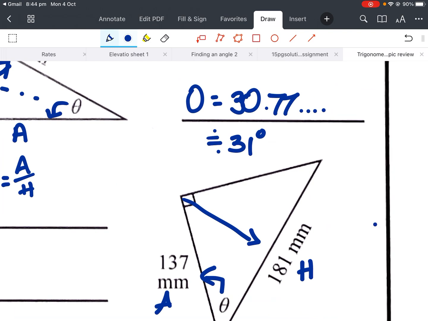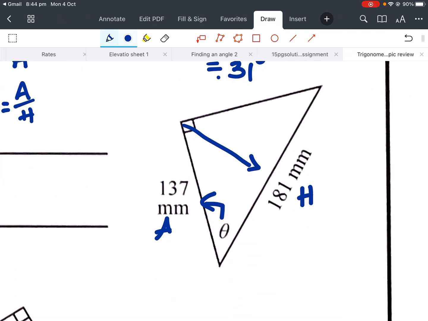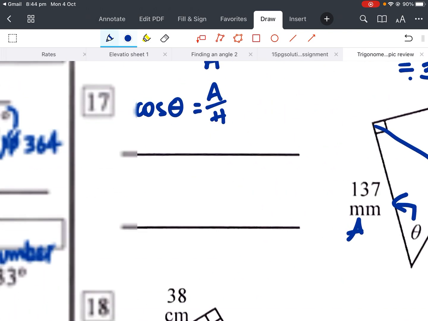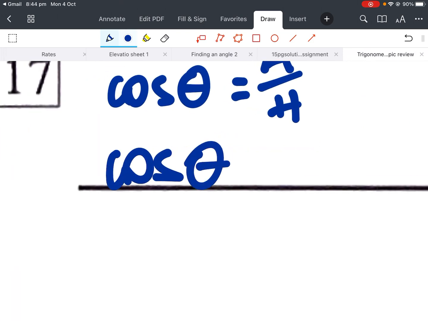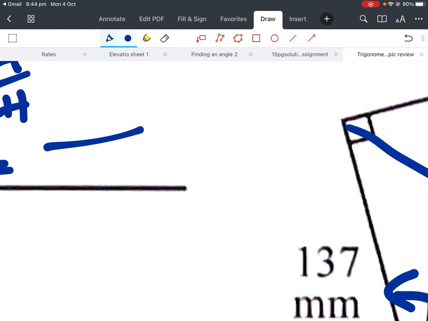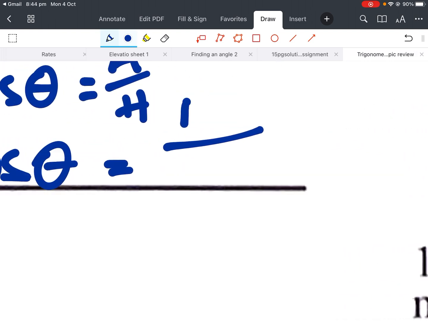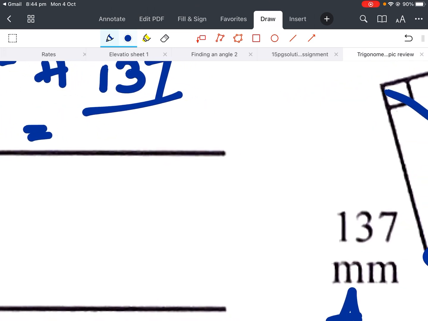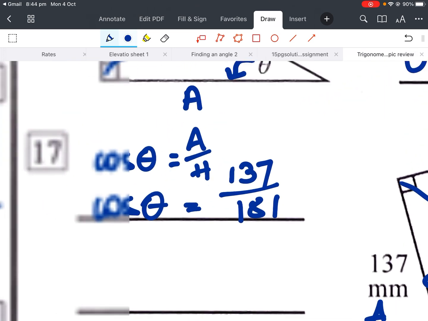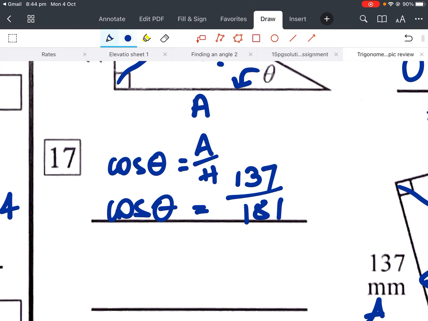All right, so let's see. That means A is 137 and H is 181. So let's write that in. Cos theta equals, and I've forgotten that already, 137 over 181. Right, beautiful. Put that into our calculator.